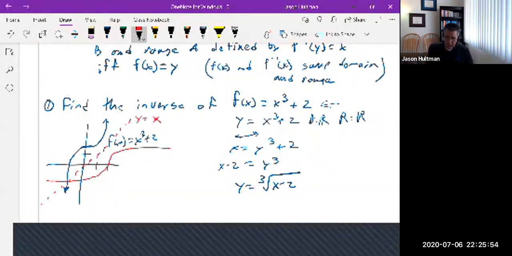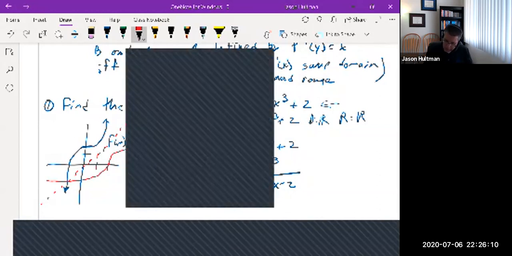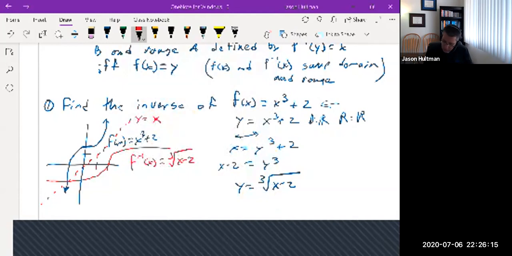What's the domain and range of the inverse function? f inverse of x equals cube root of x minus 2. Yep, all real numbers as well, Anthony says. Perfect. So the domain is all real numbers and the range is all real numbers.